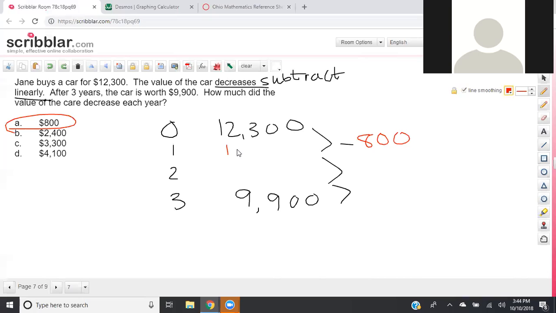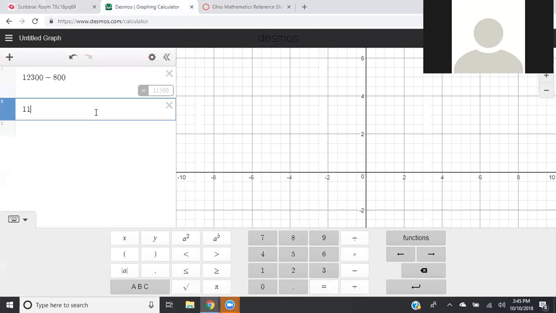That's what I got. So that's the end of year 1. Now we do it again to get to the end of year 2. So again, I consulted the handy dandy calculator.